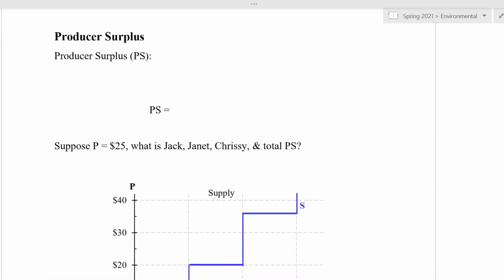And from that, we have producer surplus. So producer surplus is the amount a seller is paid for a good minus their costs. The amount a seller is paid for a good or service minus their costs.